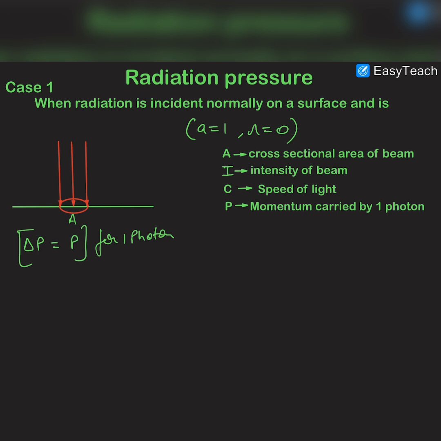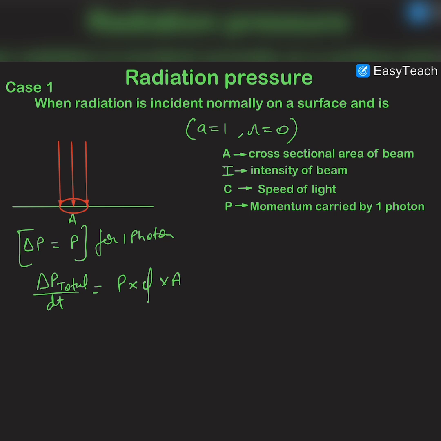Now the total change in momentum, delta P total per unit time, will be equal to p into photon flux into area of the beam. We know that p is the change in momentum of one photon, and we have to find the total change in momentum for n photons.